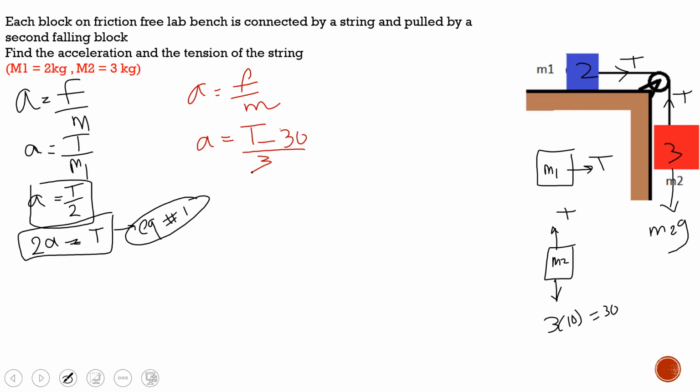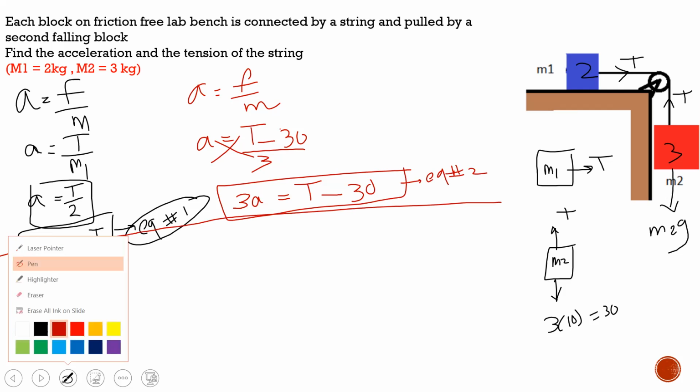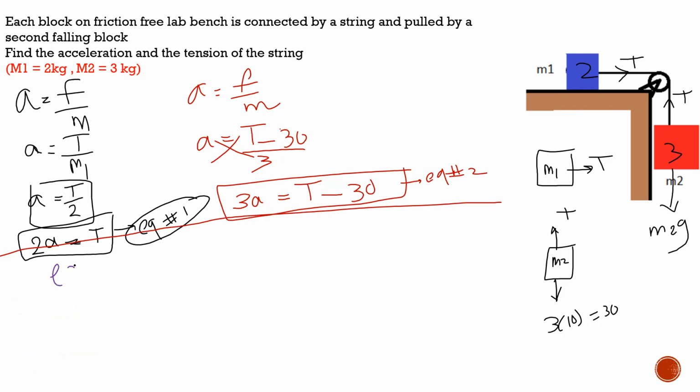So the equation here, let's make a cross product: 3a equals tension minus 30. This will be equation number 2. Then 2a is equal to tension. So let's replace in equation number 2: we have 3a equals t minus 30. Now let's replace t with 2a.